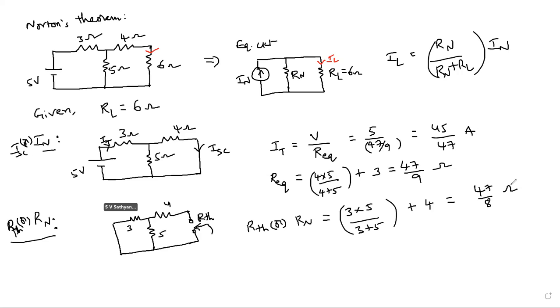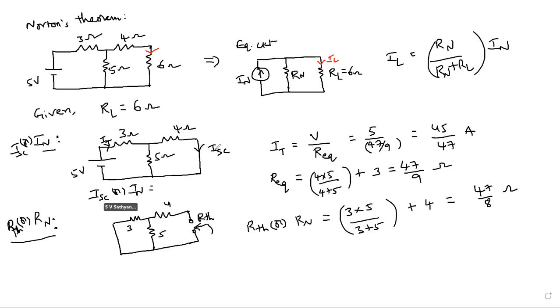So now substitute these Rn and In values. Here we did not calculate In, right? IT we calculated, right? Very good. IT calculated, but we have not calculated ISC or IN. That is good.